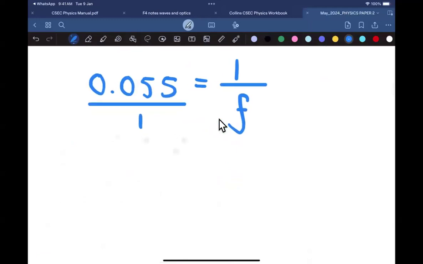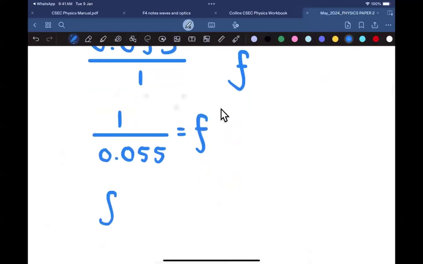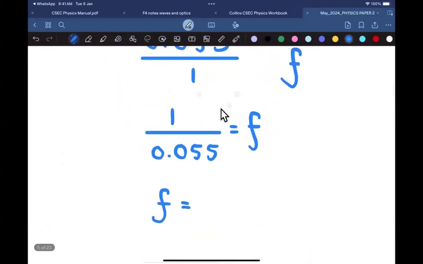So if I flip both sides, what would I end up with? 1 over 0.055 equals F. Perfect. And what is 1 over 0.055? I get 18.18.